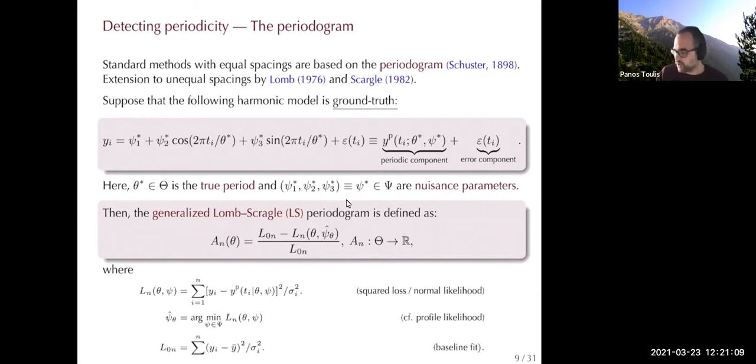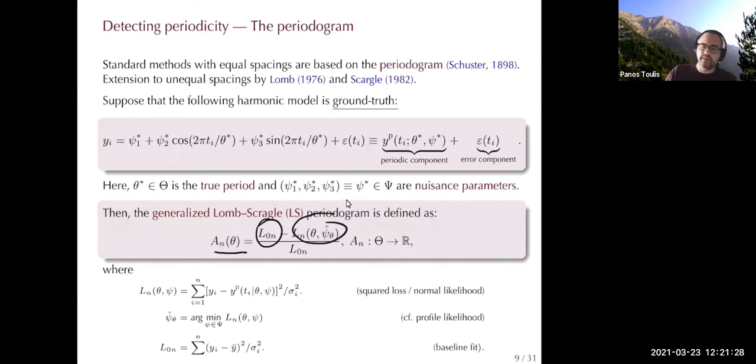So the Lomb-Scargle periodogram is a function of the period where, as I said before, we're comparing the baseline fit from the empty model, the basic model with just one intercept, and the model where we include the periodic components.